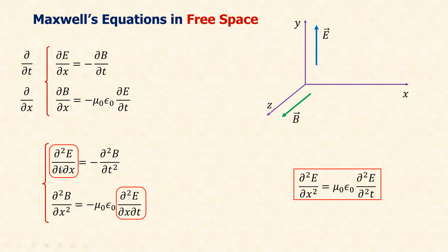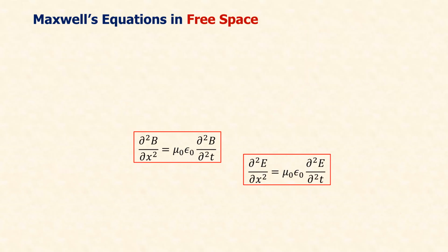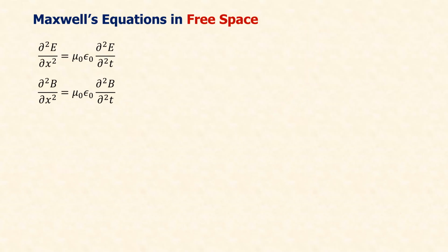If you replace this in here by that, negative and negative become positive. So you get another equation identical to the first one for magnetic field. You see these two equations are exactly the same, one for electric field, one for magnetic field. All right. So let's see what happens with this.